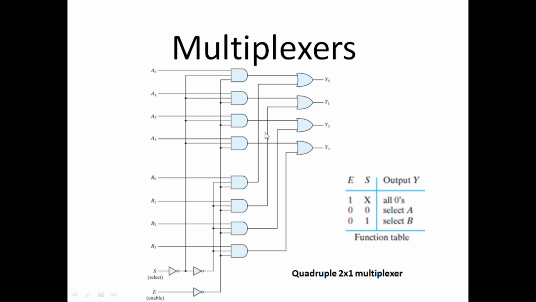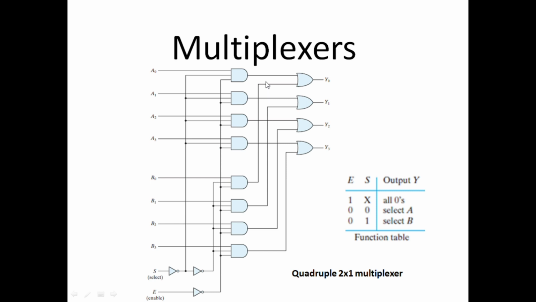Okay, so here the function table or the truth table of the multiplexer is given. So E enable is 1. Whenever E is 1, it becomes 0, and the multiplexer is disabled. So regardless of the value of the select line, whatever the value of S is, output is always all zeros, because all these AND gates get at least one 0 input.